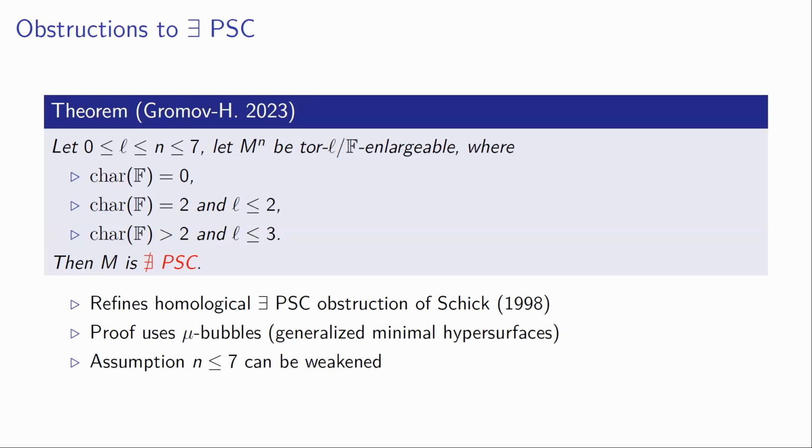It's not so clear how we use the enlargeability property for such a proof, but one can apply a trick to translate this condition into a torality condition, and then basically the same proof works.